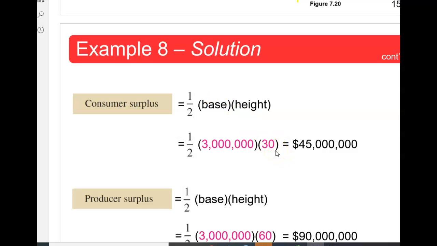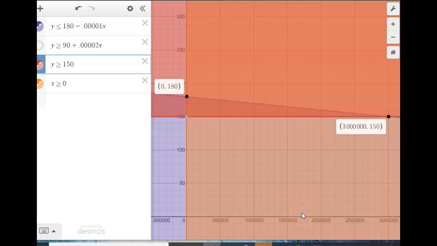The height, oh no, okay, let me make sure. What am I doing? Oh, I'm sorry. So yes, I'm sorry. If the price is 150, correct? And we just want this length here, it is not 180. That was very wrong from my part. It should be 180 minus 150 so that we could get the space in between, and so that is 30, okay?